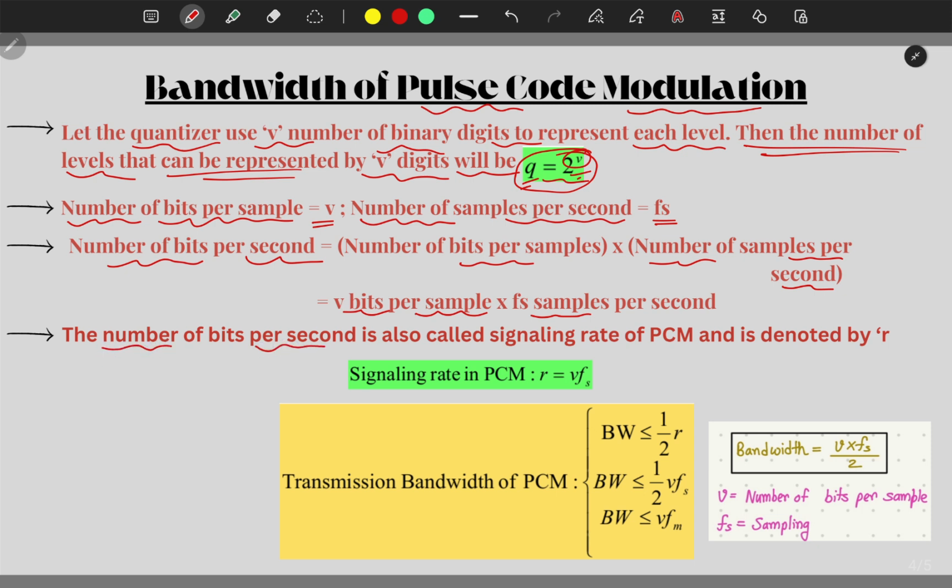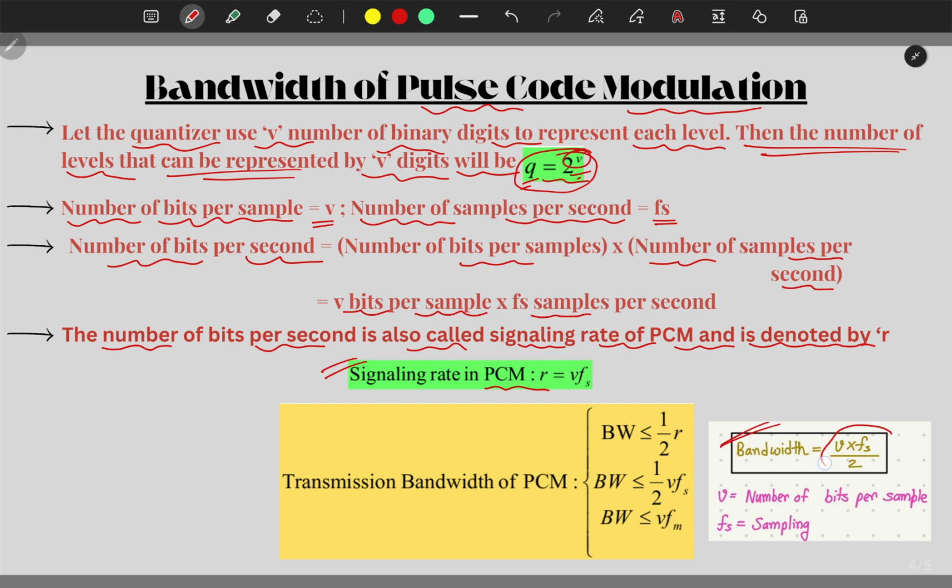The number of bits per second is also called the signaling rate of PCM and is denoted by R. Signaling rate R equals V Fs, and basically this is the basic formula of bandwidth.